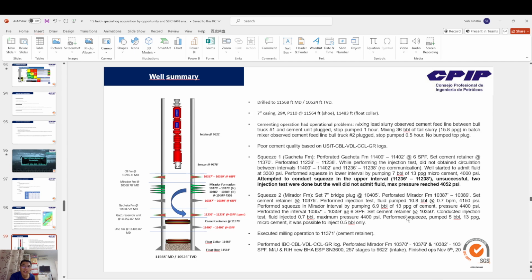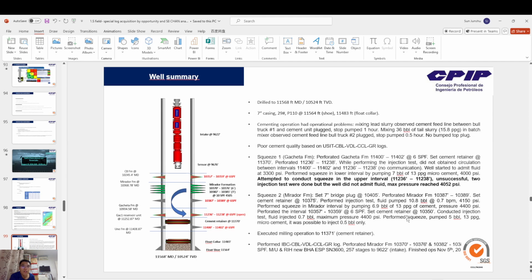The 7 casing cementing operation had an operational problem. While mixing lead slurry, the cement feed line between the bulk truck and the cement unit plugged. Stopped, plugged 1 hour. Mixing 36 barrels of tail slurry in batch.